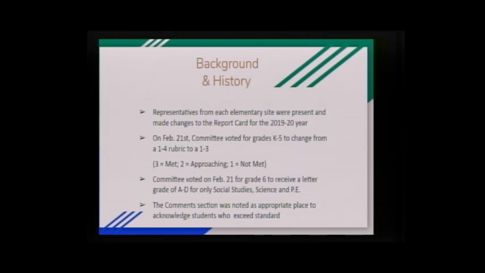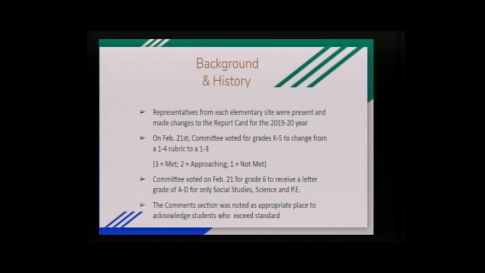And on the back end, the technology on the report card is so that it's synced, not yet, but this is the goal, that it's synced to each of the Common Core Standards. Is there not a place on it for exceeds? Essentially, 3 encompasses met or exceeds, and there's also the comment section at the very bottom that the committee determined as an appropriate place to acknowledge students who have demonstrated exceeding the standard.